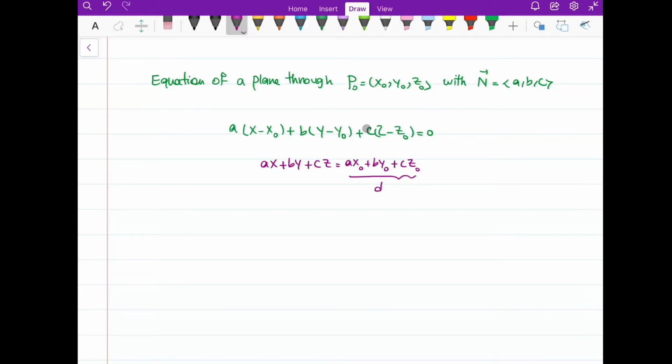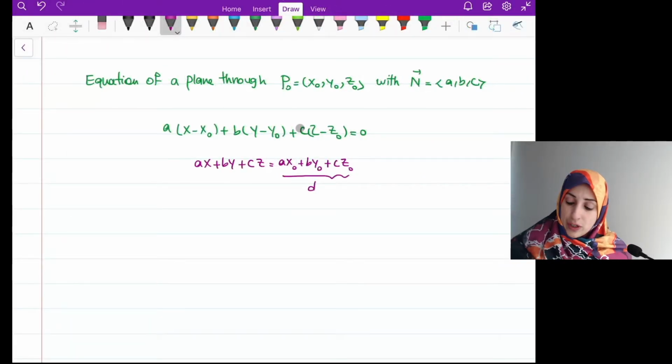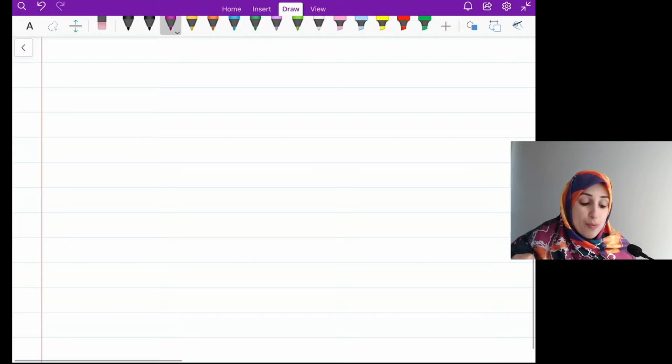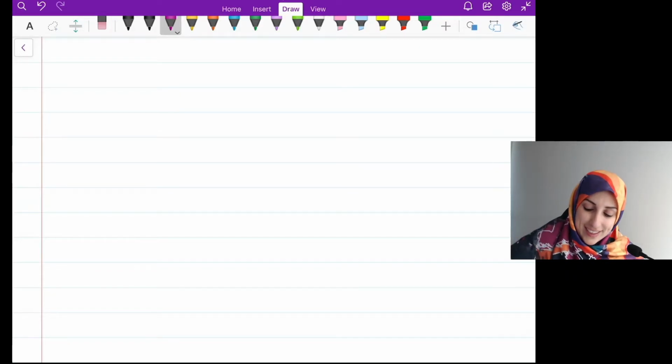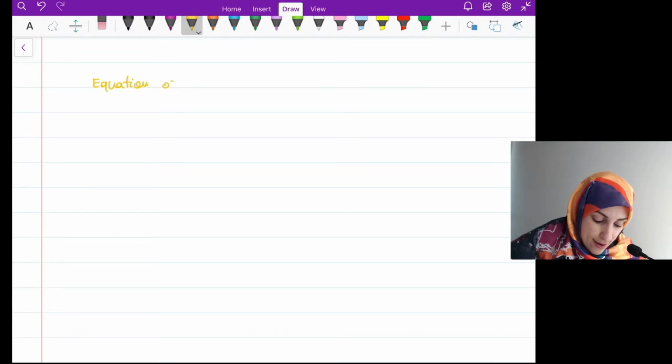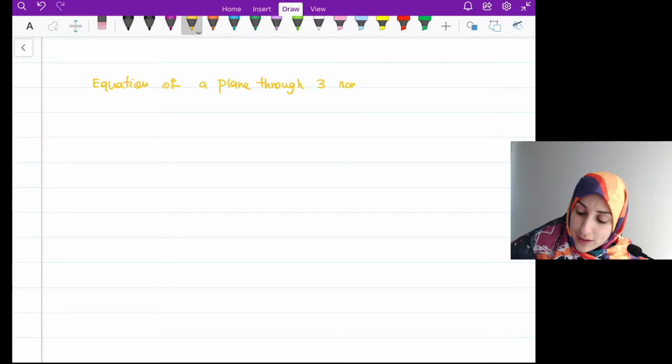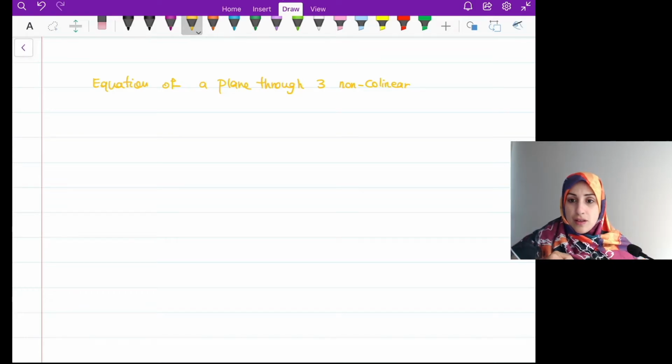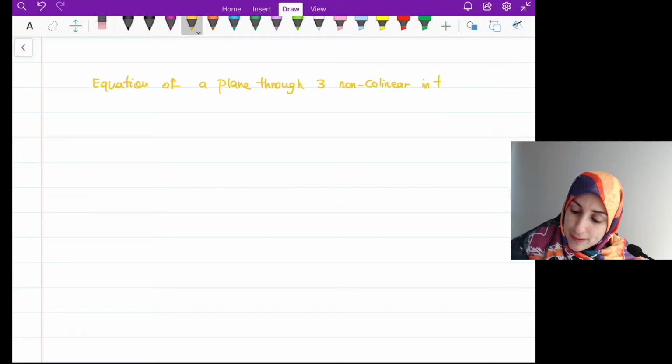Now there is another way to write the equation of the plane using 3 points that are not in a line. I'm going to talk about the equation of a plane through 3 non-collinear points, the 3 points that are not in a line in the plane.